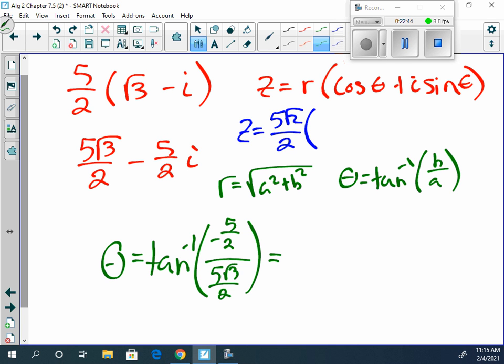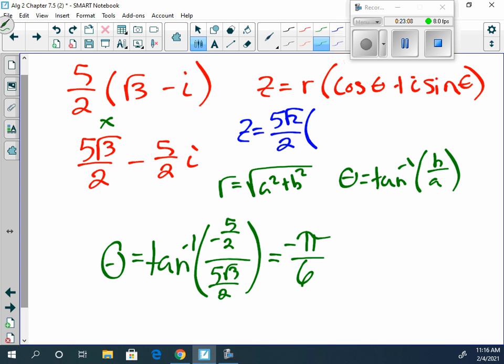My brain's saying negative pi over 3, or pi over 6, and the other one, negative pi over 6.